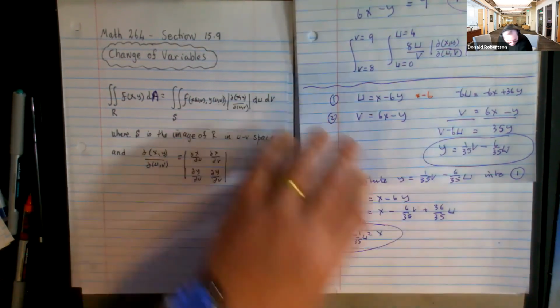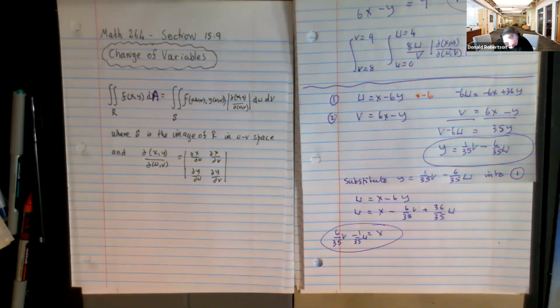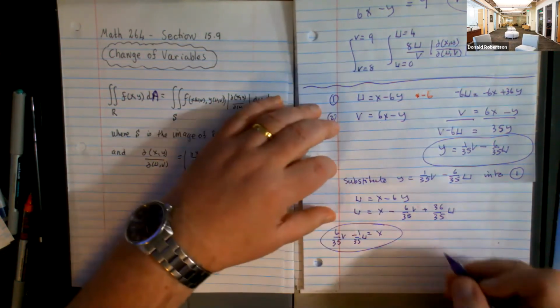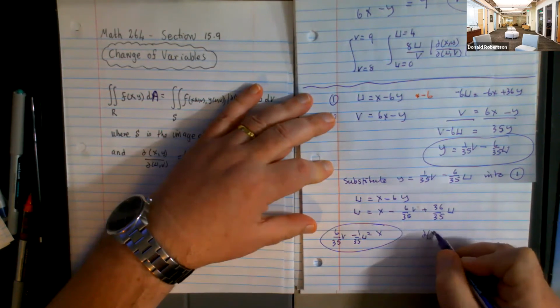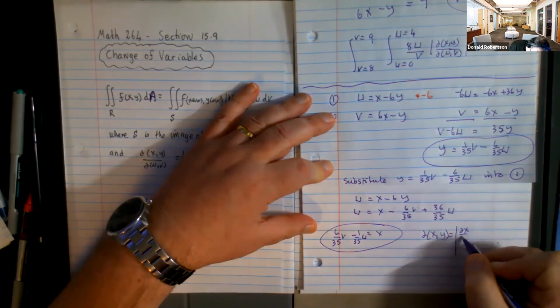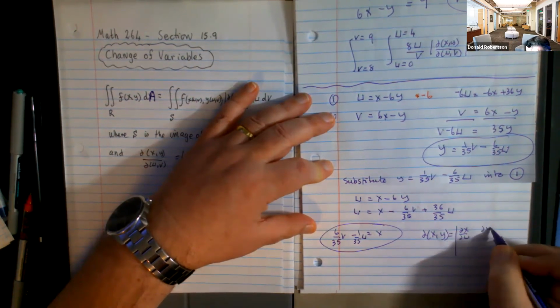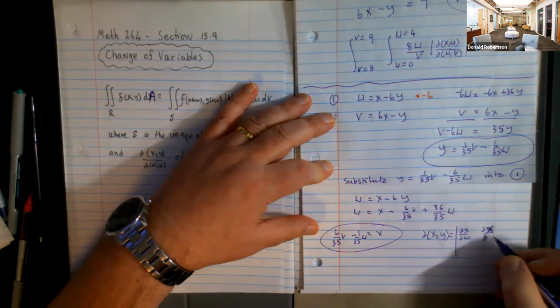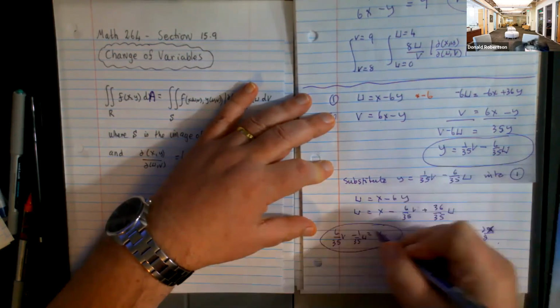There is my x. And so I can now do the Jacobian. The only good thing about this is that at least these are easy to differentiate.